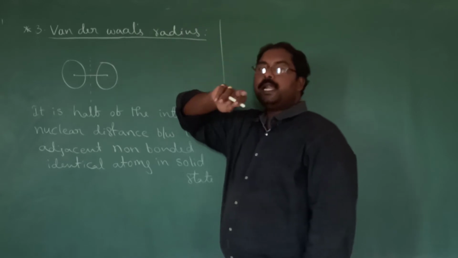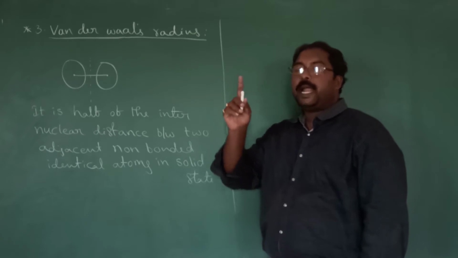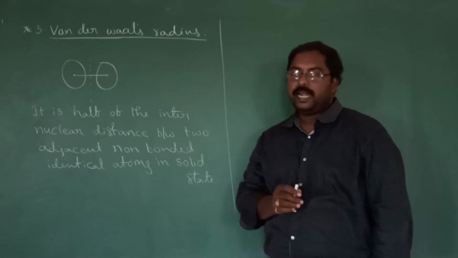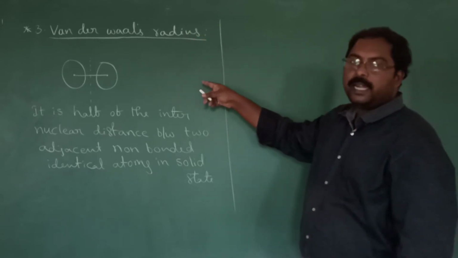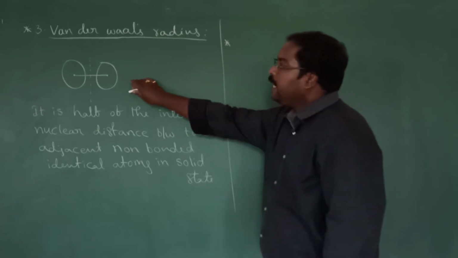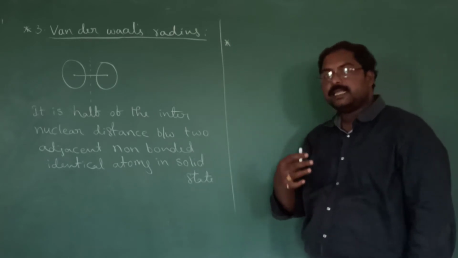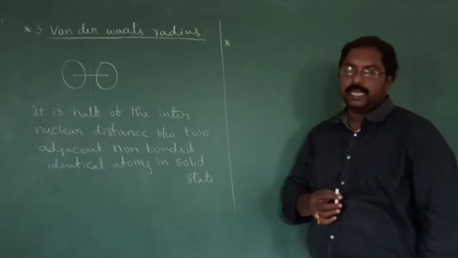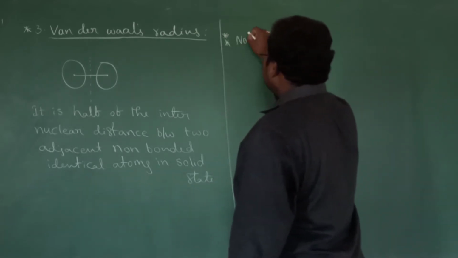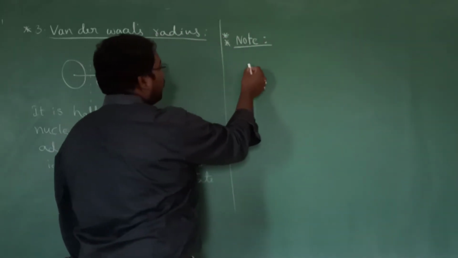In the case of covalent radius, if you observe the diagram, the practically measured value is less than the actual atomic radius. So if you compare, which one will be highest? Very clearly, van der Waals radius is bigger than metallic radius, which is bigger than covalent radius. Highlight this one because this was asked previously in competitive exams. So mention it clearly in the notes.